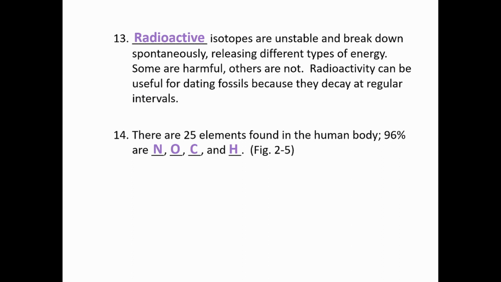That's a huge percentage of just 4 elements that make you up. And it's the different combinations and different ways that these are bound together that gives us all the variety of the different chemicals and molecules that make up our body.